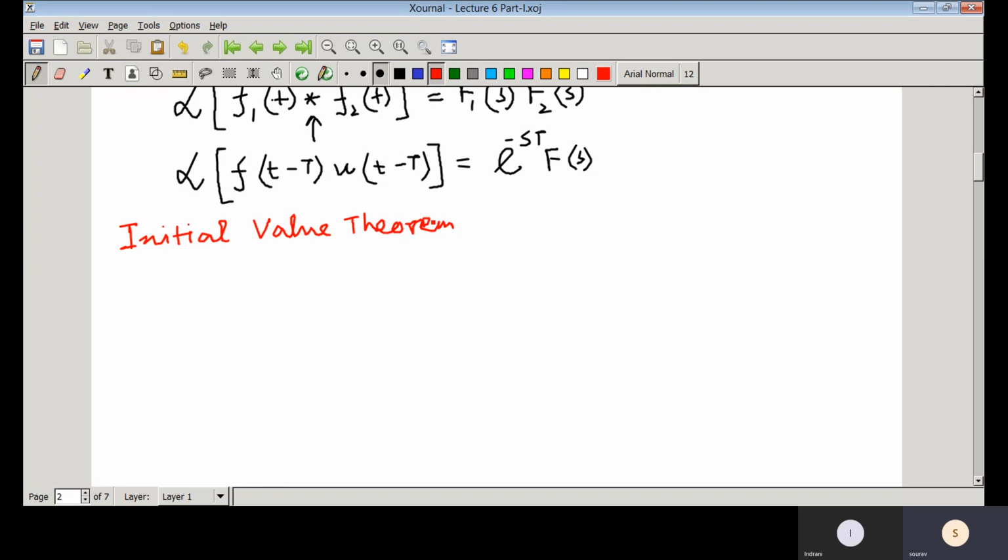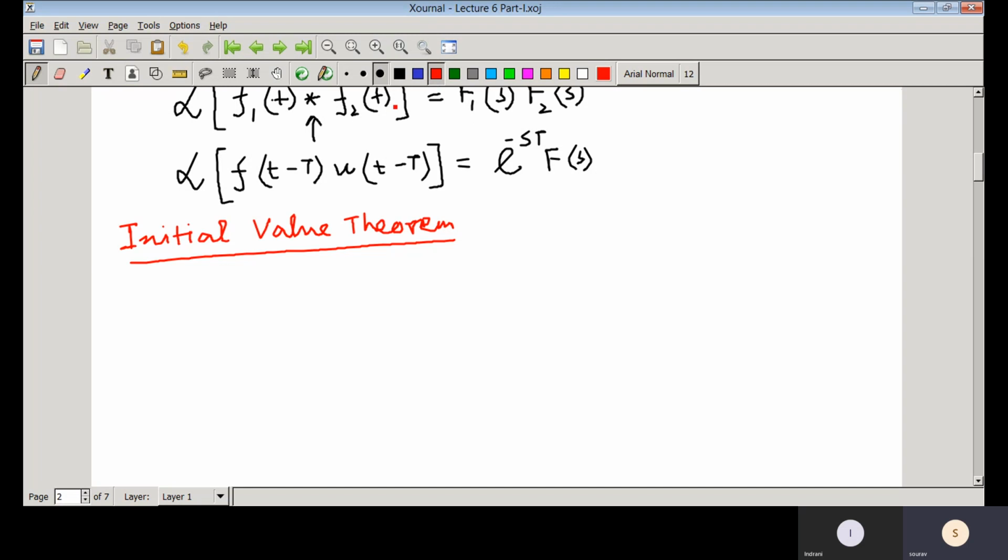Initial value theorem means, suppose a function is given, and you would like to find the value of that function when t tends to 0, you can have it in the Laplace domain as well.